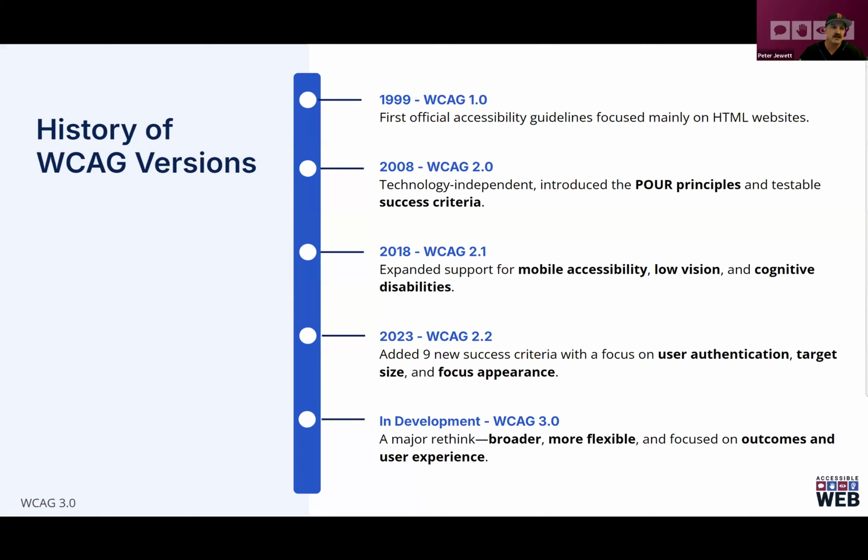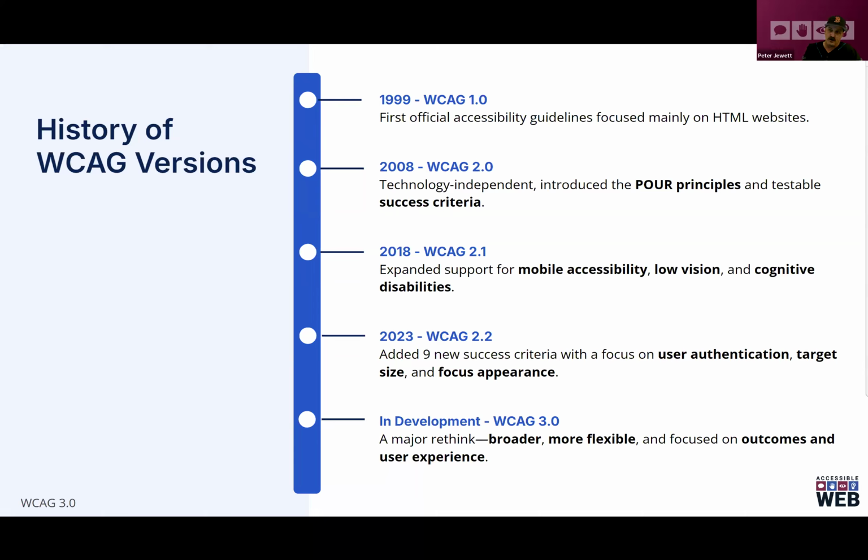Next is a history of WCAG versions. WCAG has evolved over the last 25 years. Version 1.0 was the starting point. It came out in 1999, and it was tightly tied to specific technologies. Then with WCAG 2.0, which came out in 2008, W3C moved to a more abstract model.